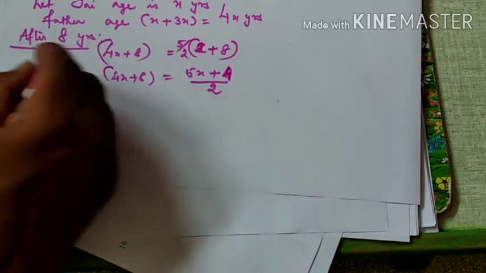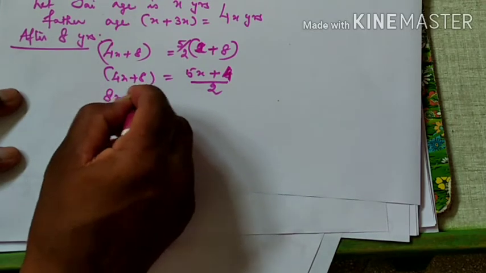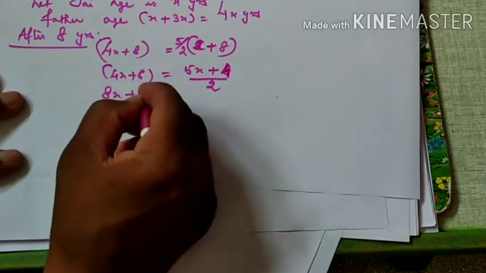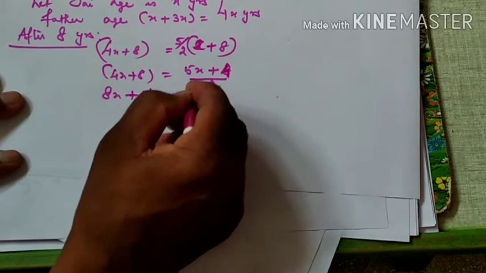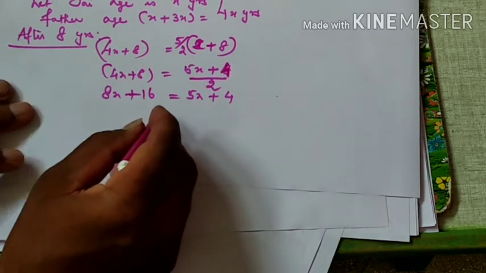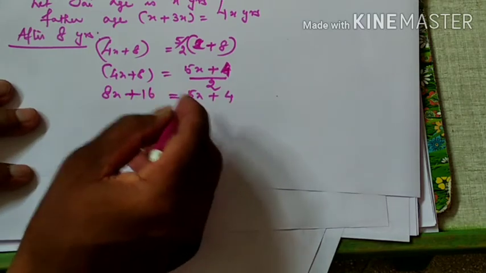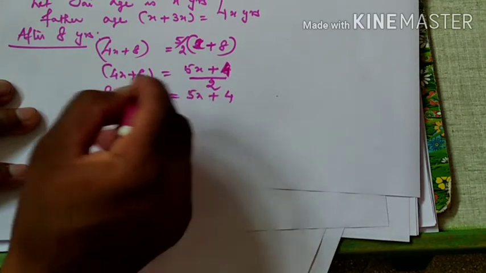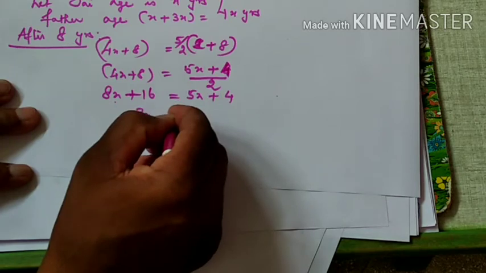You are going to cross multiply: 2 into 4x plus 8 is 8x plus 16, equal to 5 into x plus 8, which is 5x plus 40. You simplify it, again what will come? 8x minus 5x is 3x.